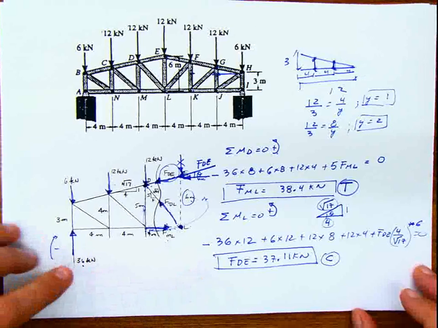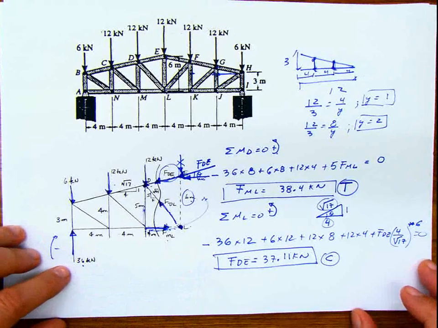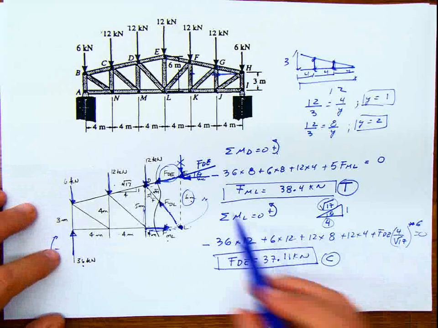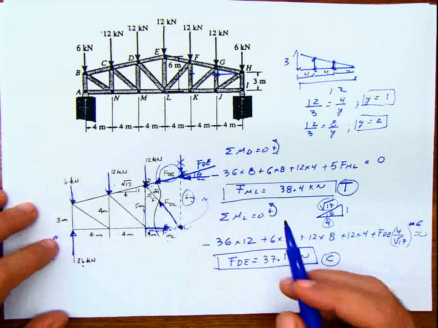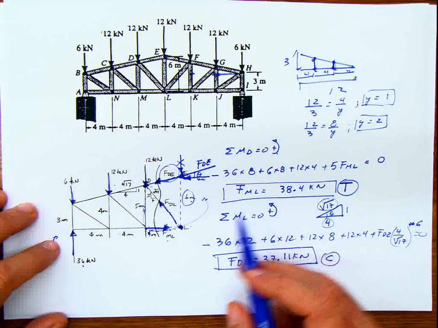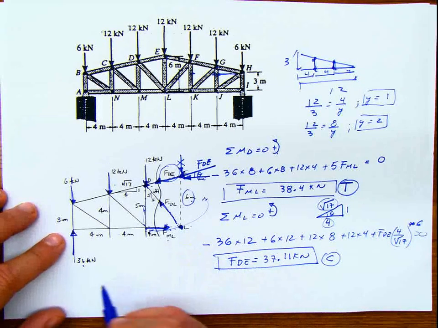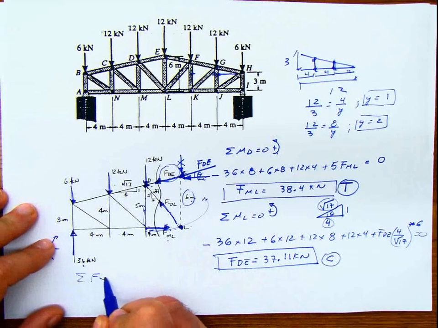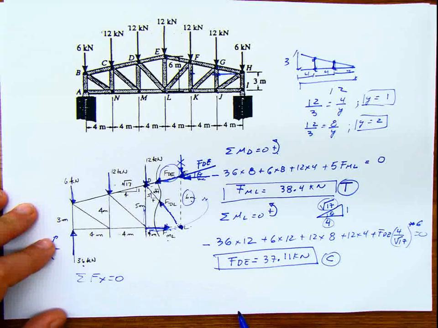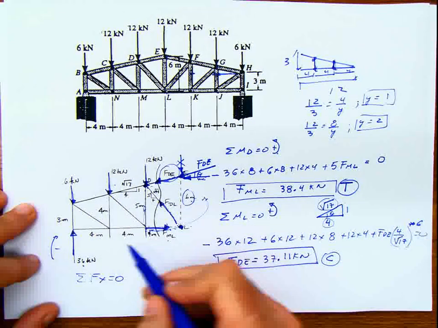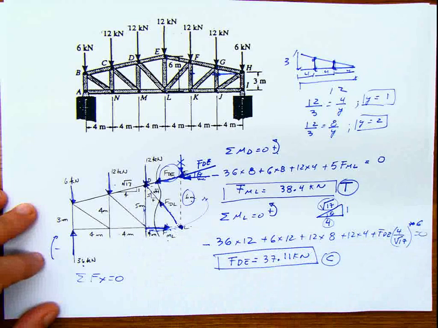Finally, after that, I can do either summation of forces in X or summation of forces in Y, and I can calculate my last unknown, which is DL. So I can do summation of forces in X equals 0. I could do it either way in Y also.